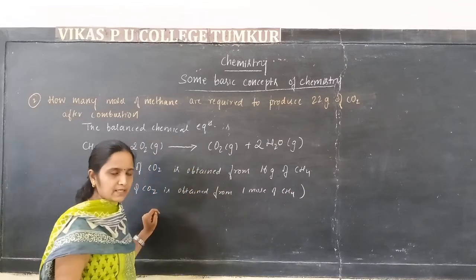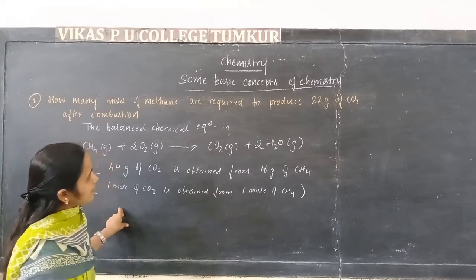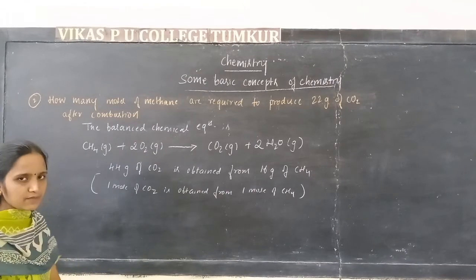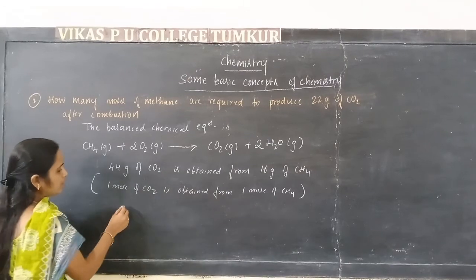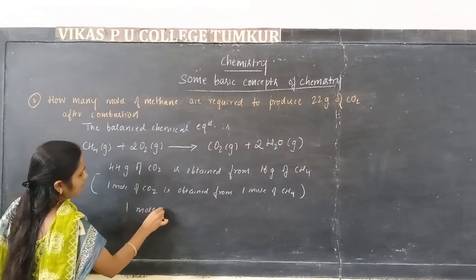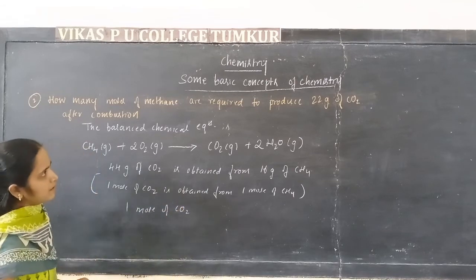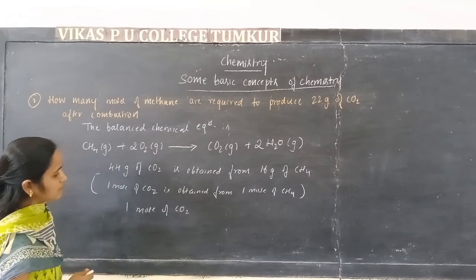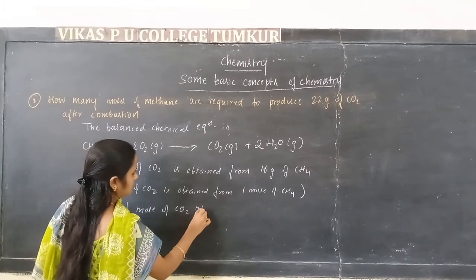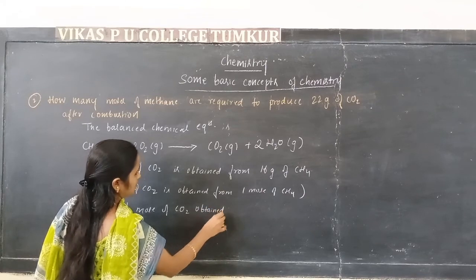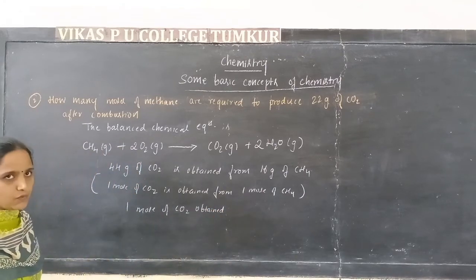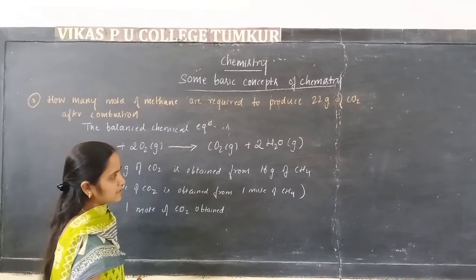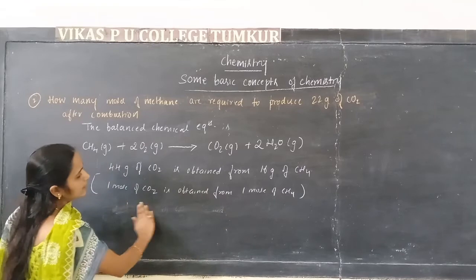What they are asking is how many moles of methane are required to produce 22 gram of CO2. 1 mole of CO2 is obtained from 16 gram of CH4, that is 1 mole of CH4.